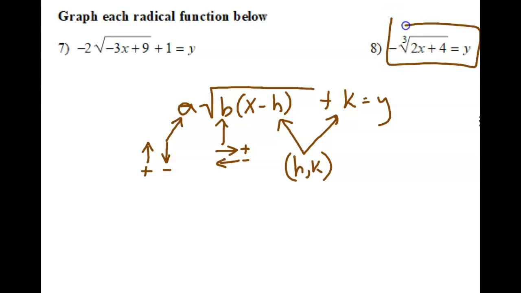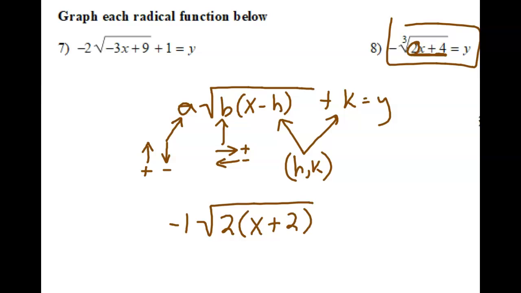So the first thing I want to do is rewrite this so it fits the format appropriately. So first of all, I've got a negative 1 in the front. Second of all, when you have a number in the front here and a number here, you need to factor that number in the front out. So I'm going to divide a 2 out of there, which would leave me with this. And I don't have my k, which if h or k are missing, then it's 0.